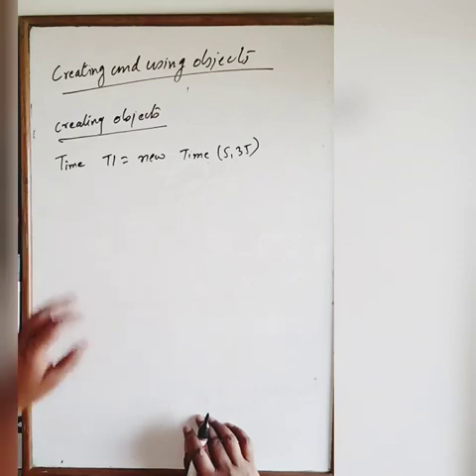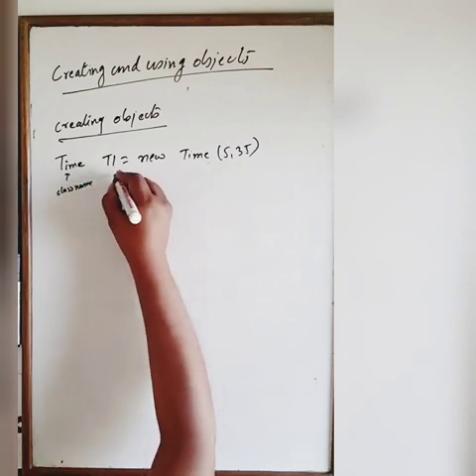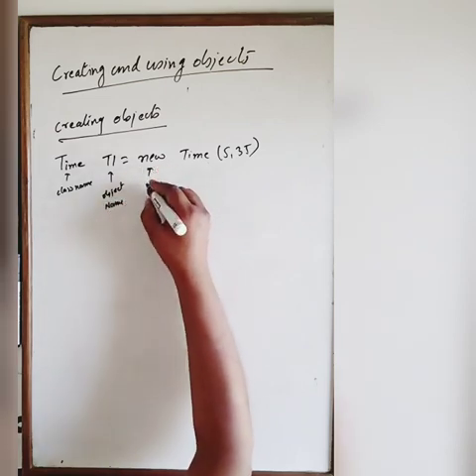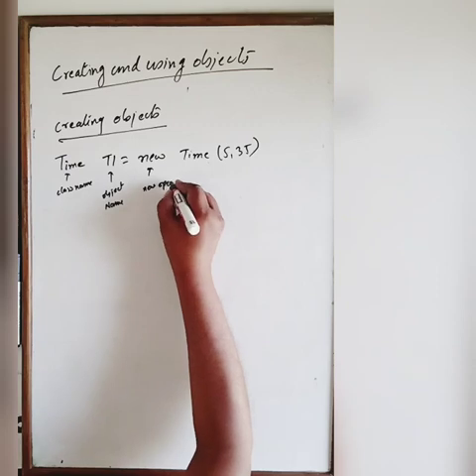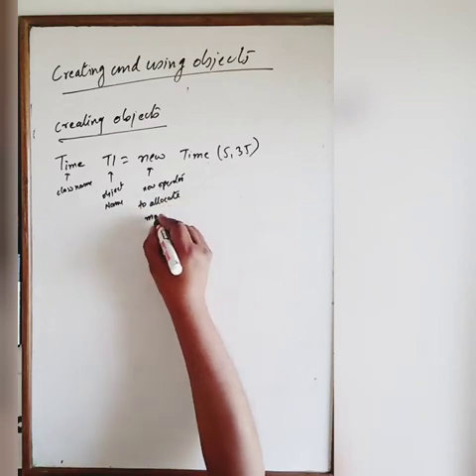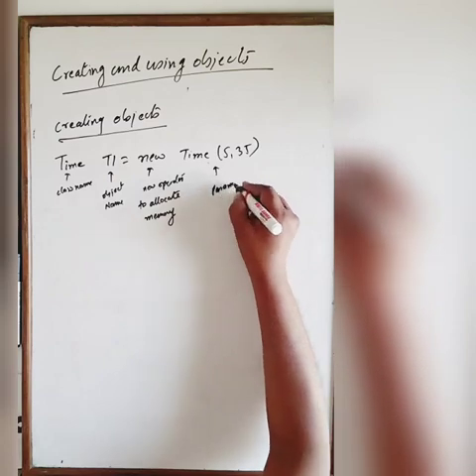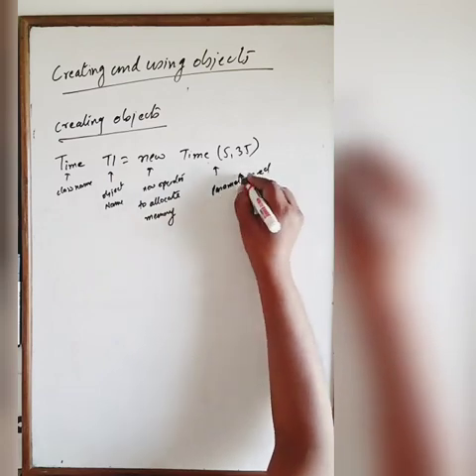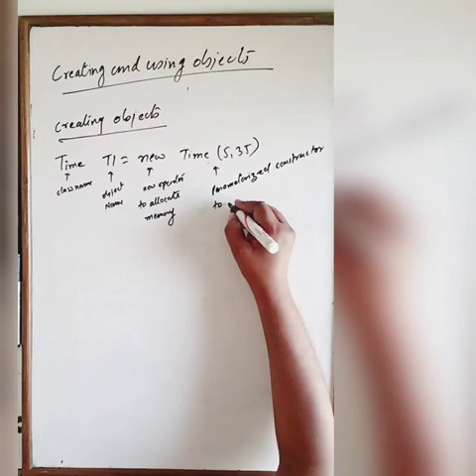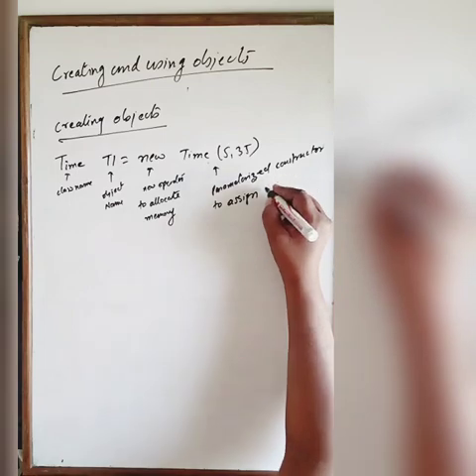This is an object creation line where this is a class name, this is an object name, the new operator allocates memory, and the parameterized constructor assigns the value.